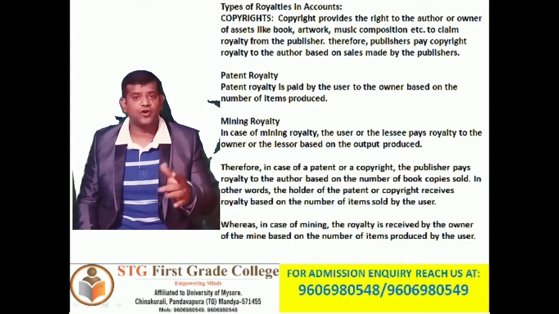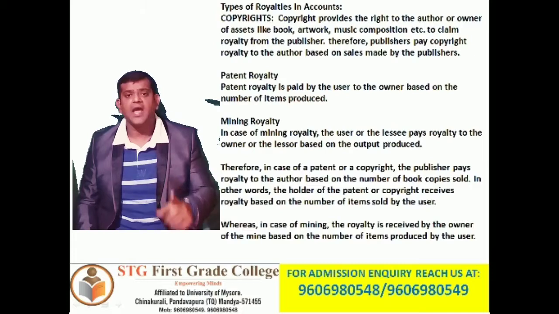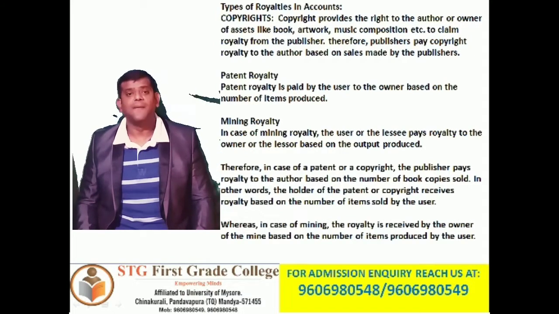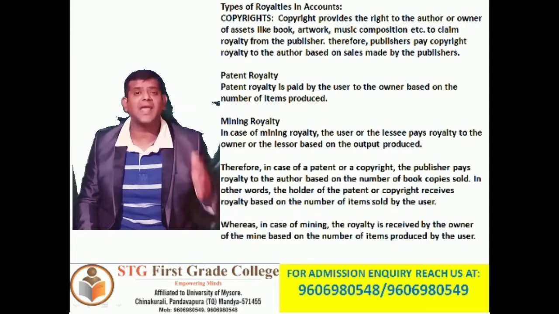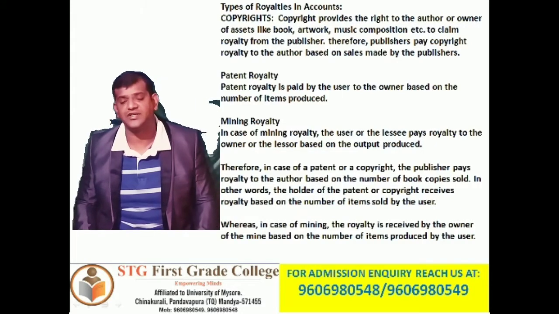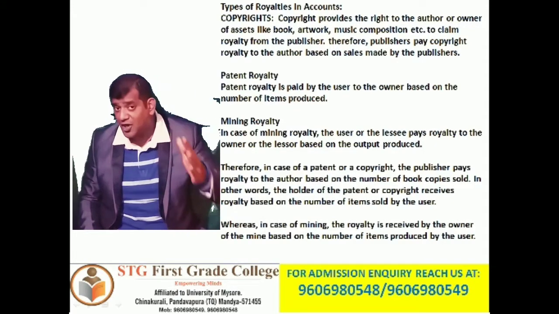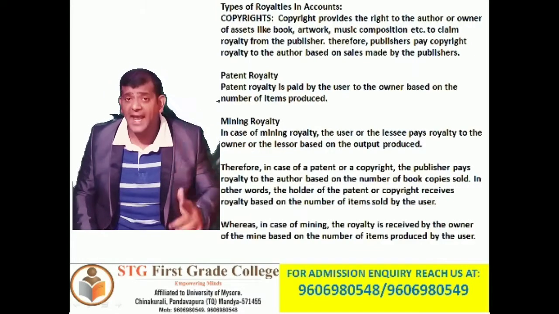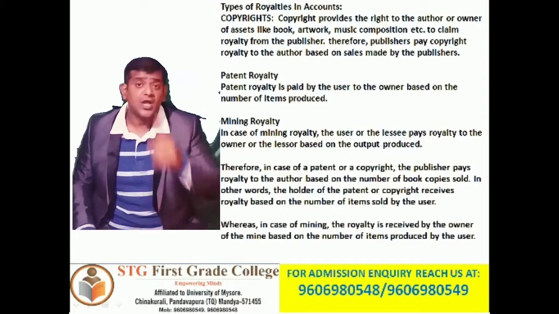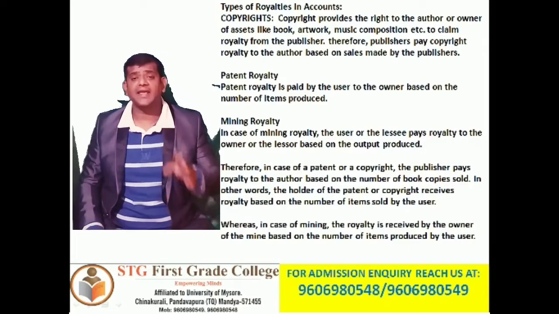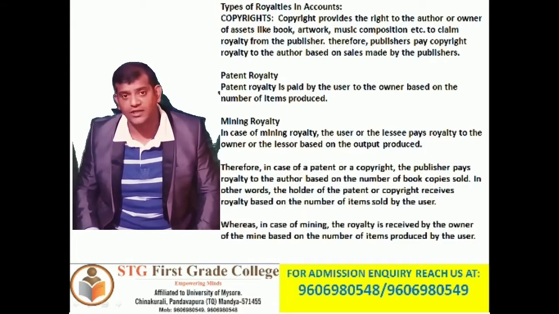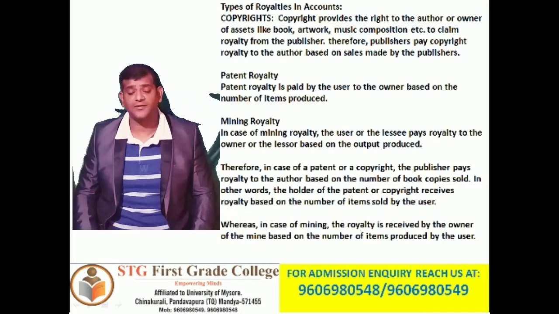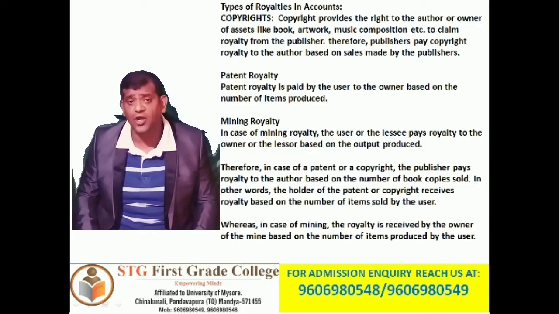Therefore the publishers pay copyright royalty to the author based on the sales made by the publishers. It is very simple. Copyright royalty is the consideration paid by the publisher to the author against the number of books sold. That is what we call a copyright royalty.